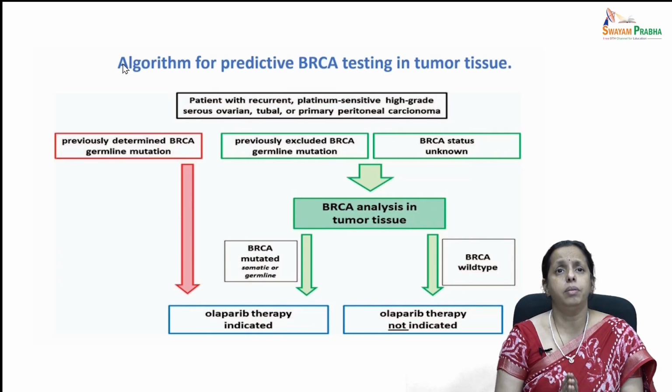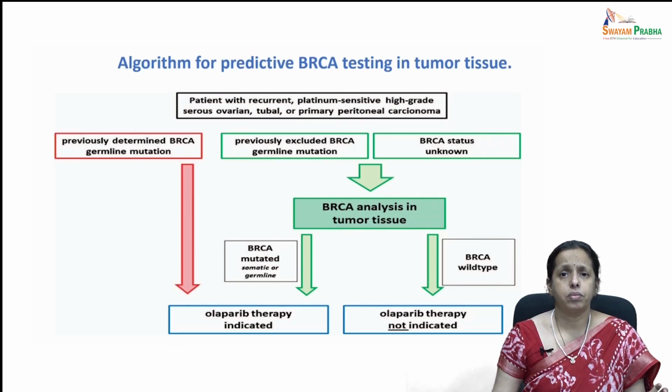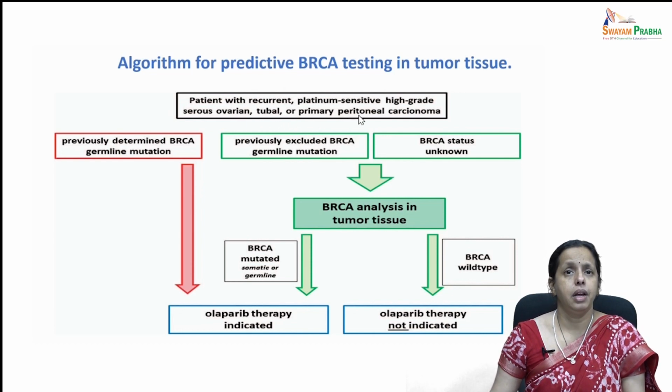So for predictive BRCA testing in a particular tumor, patients with recurrent high grade serous ovarian, tubal or primary peritoneal carcinoma are considered for olaparib maintenance therapy here.